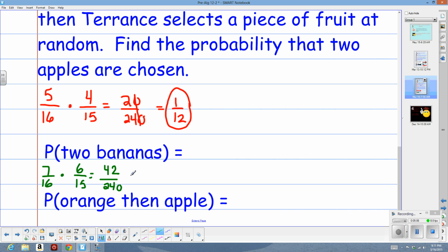Both of these can be divided by 2. 42 divided by 2 is 21, and 240 divided by 2 is 120. And then both of those can be divided by 3. So 21 divided by 3 is 7, and 120 divided by 3 is 40. So 7/40ths is the probability of getting 2 bananas.